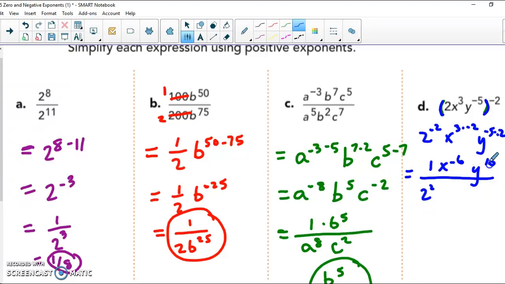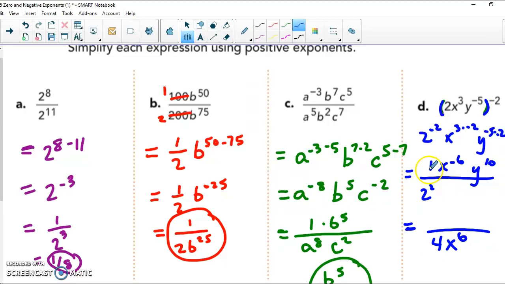So let's finish simplifying to get rid of my negative exponents. And I have 1 times x to the negative 6th. So this x to the negative 6th will move to my denominator. In my denominator, I already had 2 squared, which is 4.